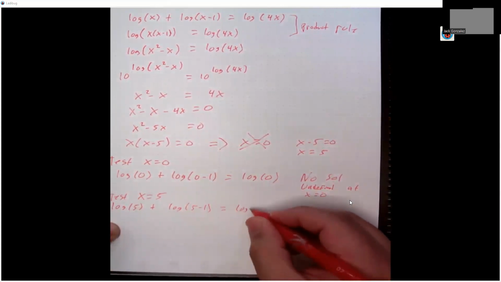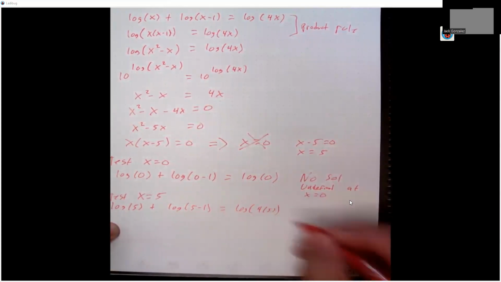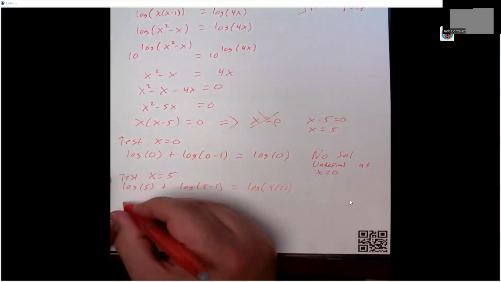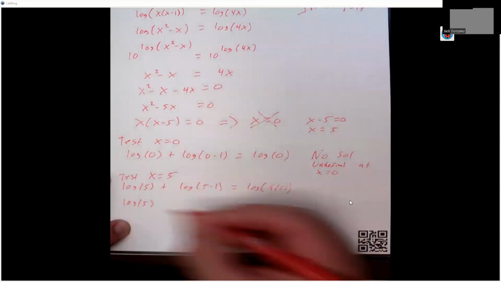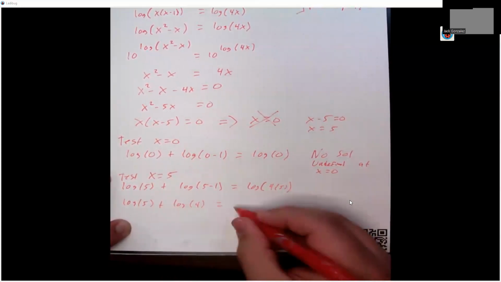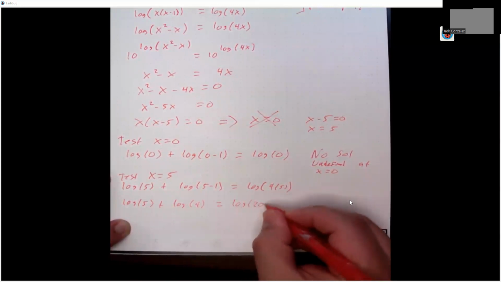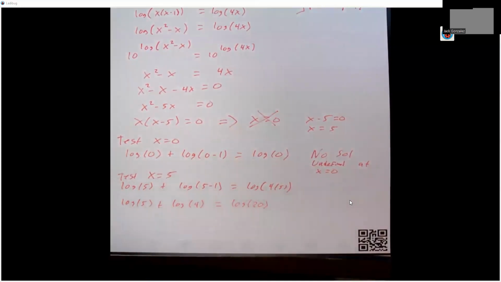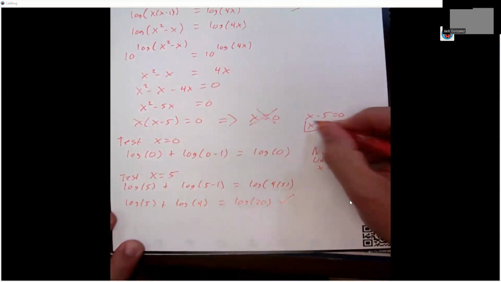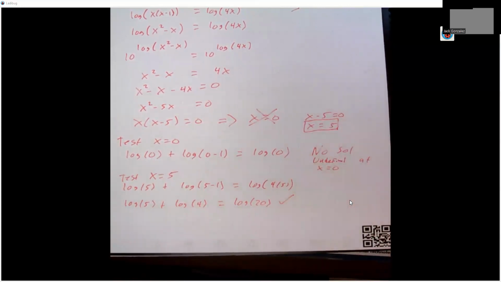Plug in, that's right, 5 minus 1 is 4. Okay. So log 5 plus log 4 is equal to log 20. Is that true? Yes, right, because of the product rule. So cool. So box your answer. We're not going to include 0.